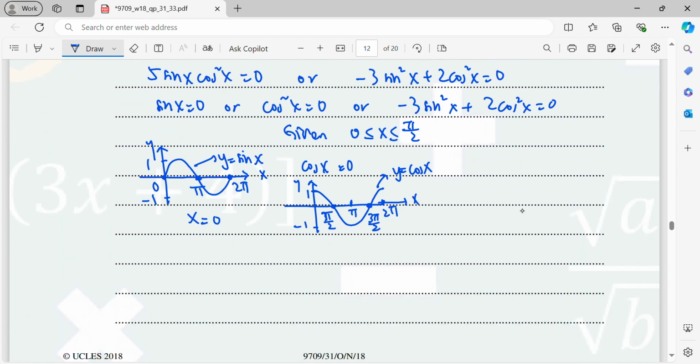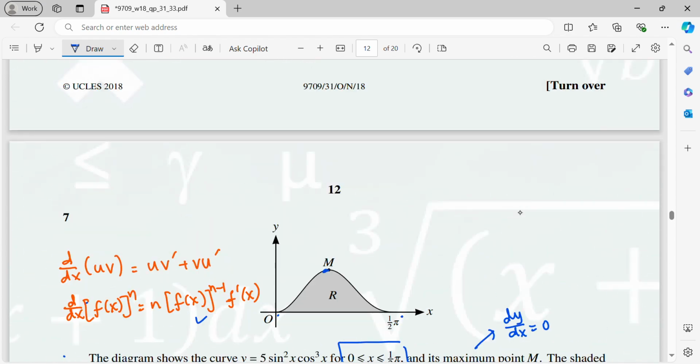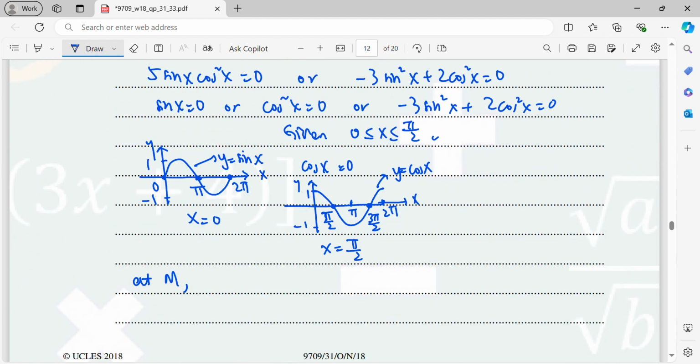When it is 0, that means pi over 2. So x goes to pi over 2 when we consider this interval. Now, because we know that at M, look at the graph, M will not be 0 and half pi because it is in between. So x cannot be 0 and x cannot be half pi. That means we do not get any solution from these two graphs, from the sine and cos.